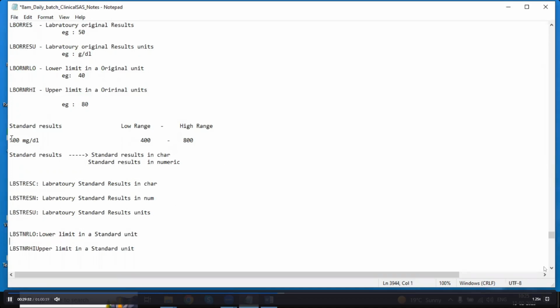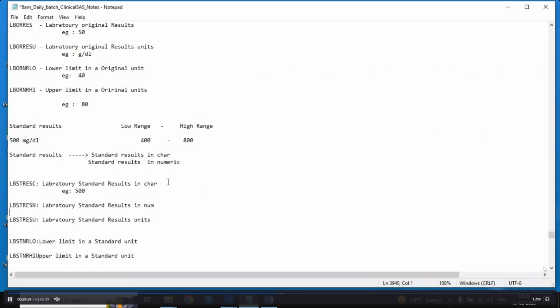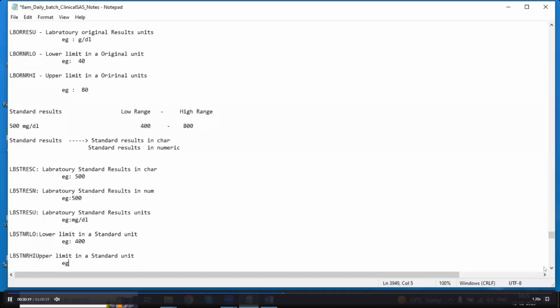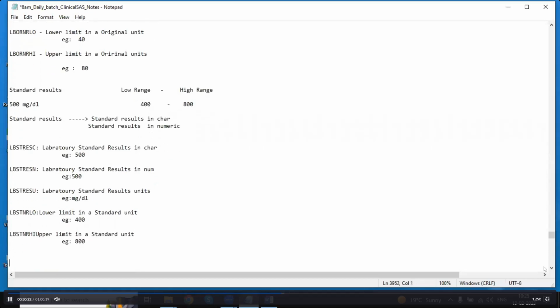Now the values will come, 500 G by DL. So this 500 we will capture in a character data type variable and in a numeric data type also. Mg by DL. So here the units will go to Mg by DL. After conversion into standard, what is the lower limit? So 400. Upper limit is 800. Okay, clear?